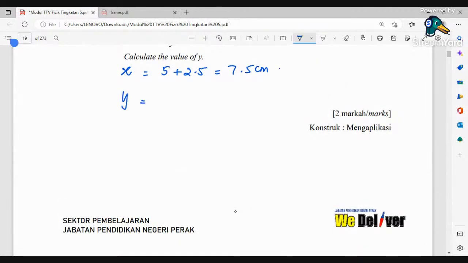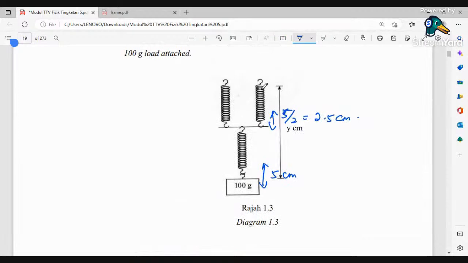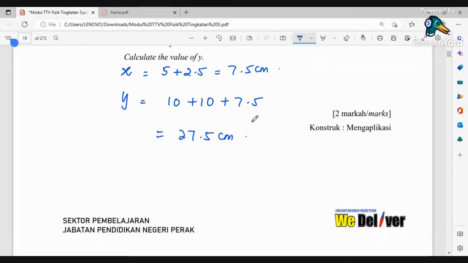Y equals 10 plus 10 plus 7.5, which is 27.5 centimeter. We must add the original length because the total length includes the original length plus the extension. Total extension is 7.5, so 10 plus 10 plus 7.5. So this is Y.